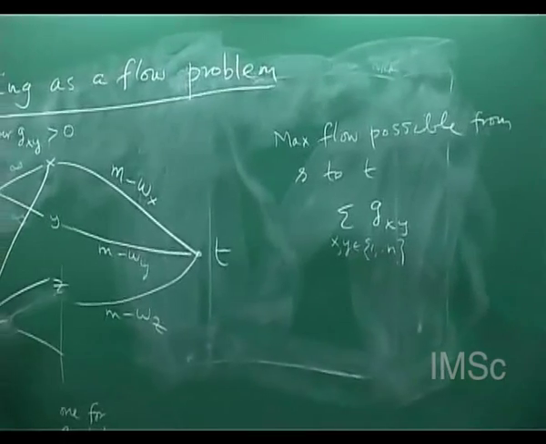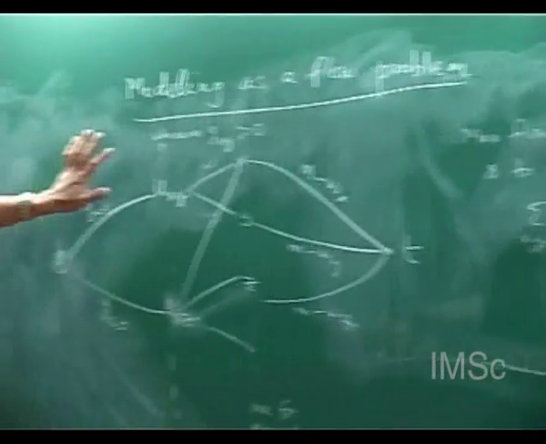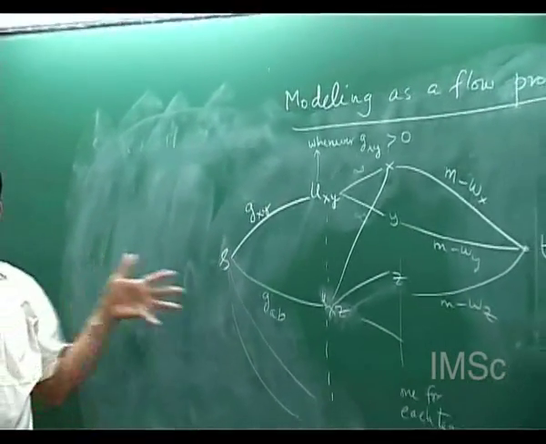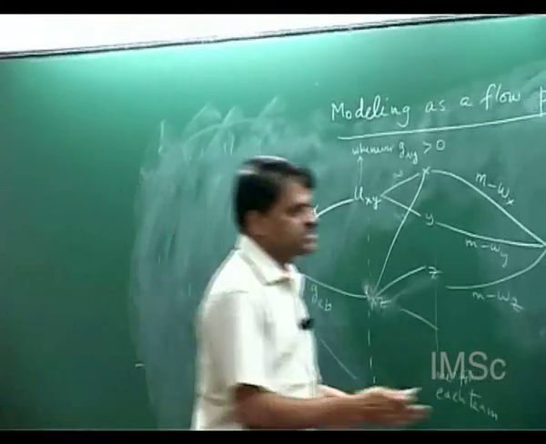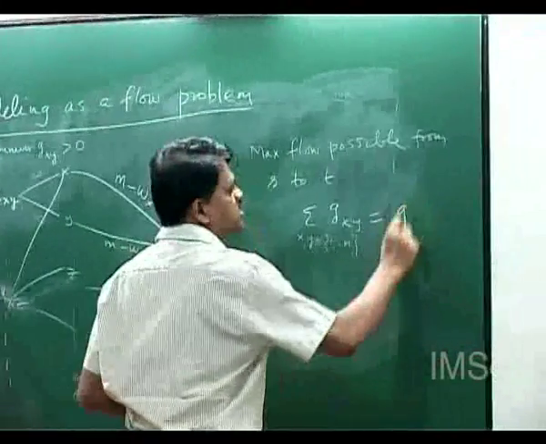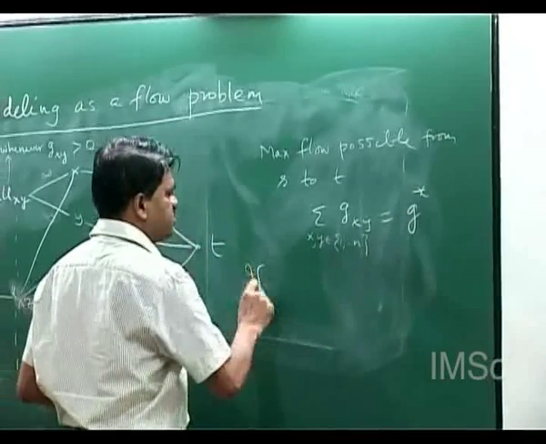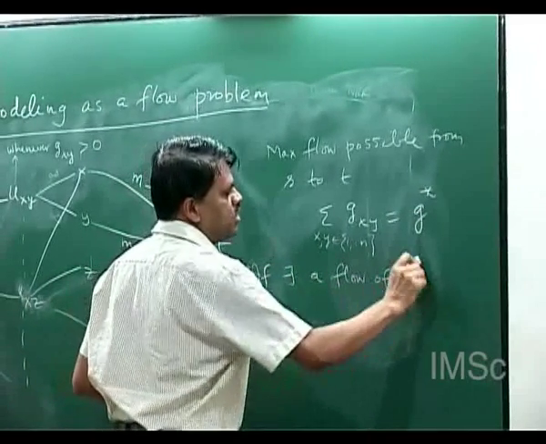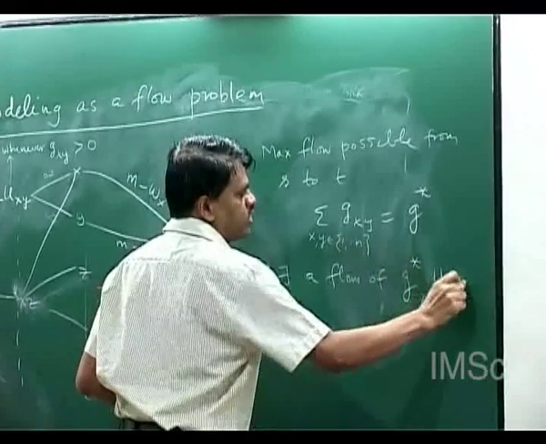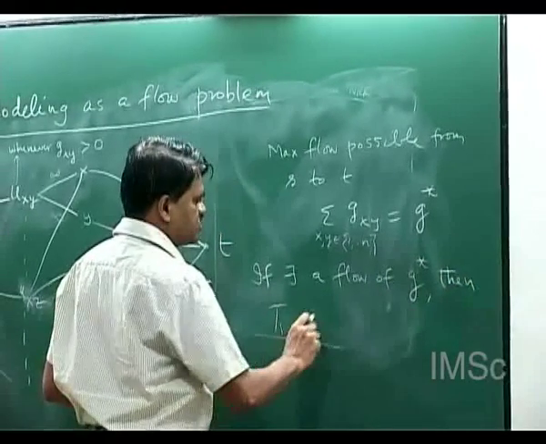I have included g_xy which are zeros also, but that's okay, that just counts 0. So this is the maximum flow possible. Okay. And I claim, as a first observation, which is not very hard, let's call this g star. If there exists a flow of g star, then what? My T1 is not eliminated.